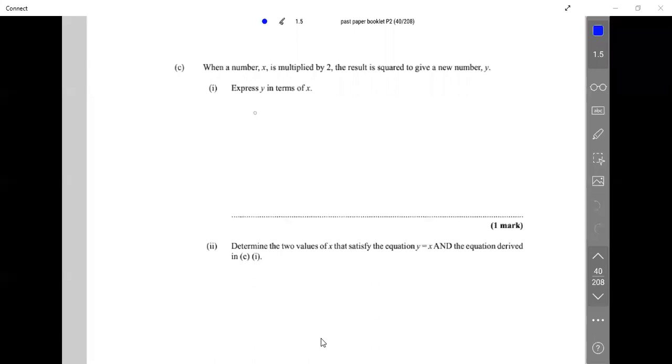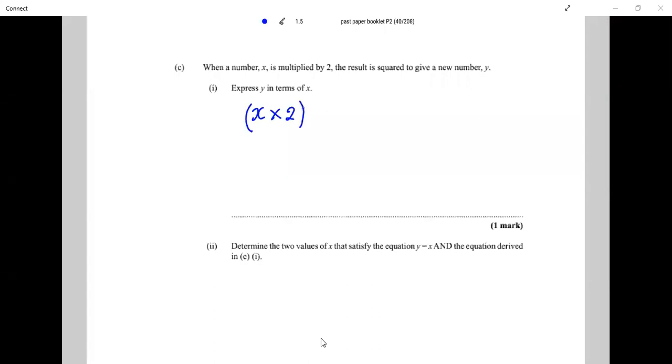So x is multiplied by 2, and the result is squared to give a new number y. This is how we get y. You start out with x, you multiply x by 2, then the result is squared to give a new number y.